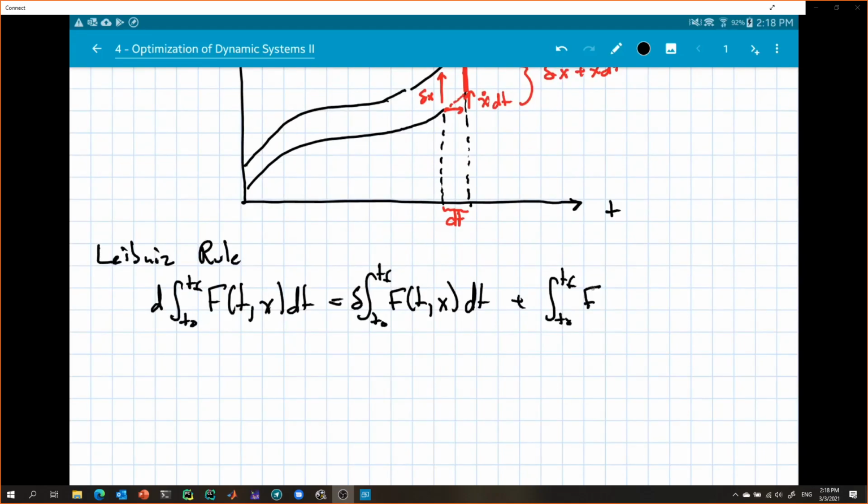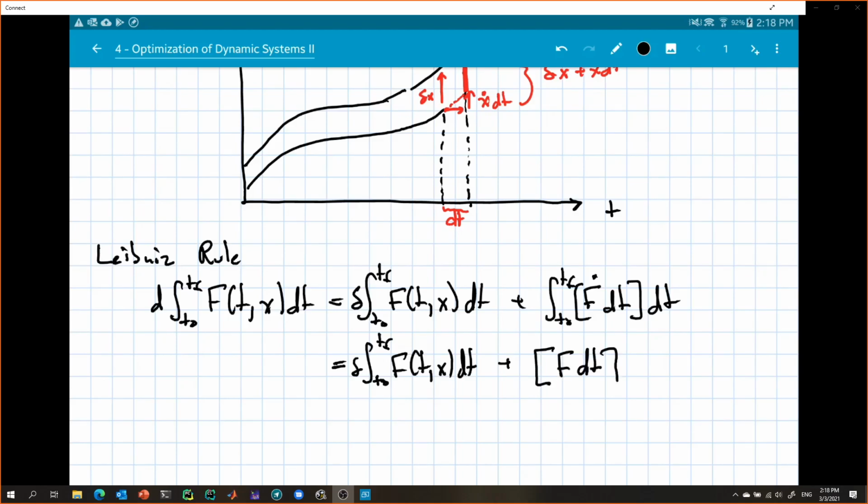So we have some f dot dt, integrated over dt. So what that comes down to is the variation, this term stays unchanged, but we can pass that through like we did last time, plus, and this is what I'm getting at, which is different than last time, we have f dt, evaluated from t naught to tf.